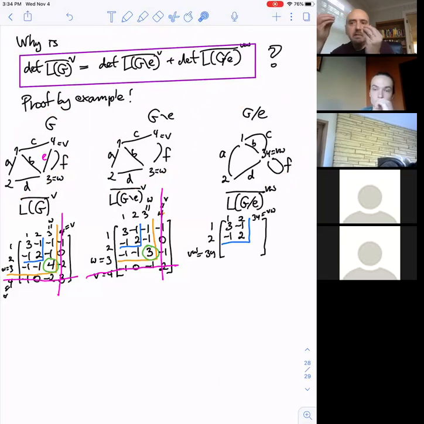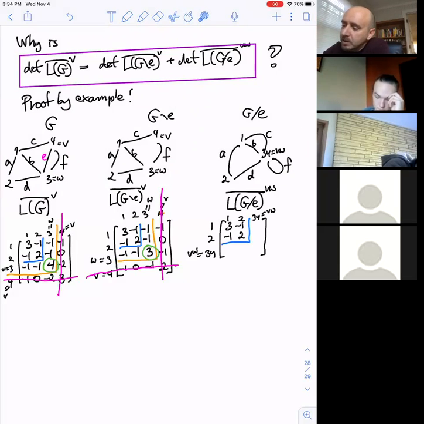What am I saying? For the vertices that are not V or W, their valence is the same because they don't involve that edge E that we contracted. And the number of edges between them is the same because E is not between them.